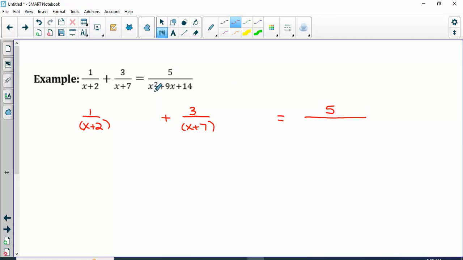Alright, so how do I factor x squared plus 9x plus 14? So, if I put a question on the quiz and said, what could x not be? What cannot be a solution on this problem?